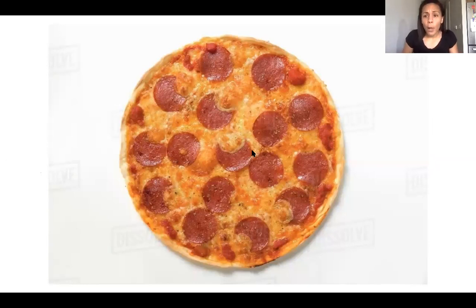So I was wondering how I could cut this pizza so that we could both have some, so that we could share it. So I was thinking, let me get out my little drawing tool here. I was thinking that I could cut the pizza right here. What do you guys think about that? Is that a good place to cut the pizza?